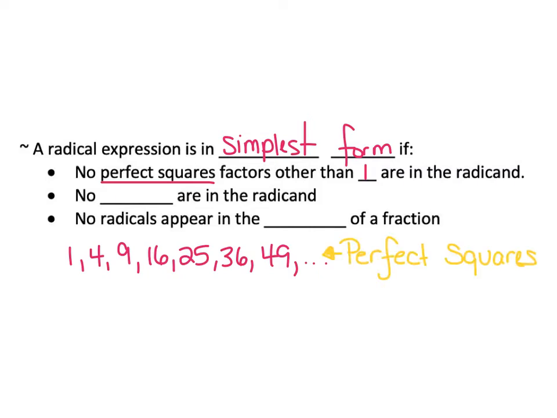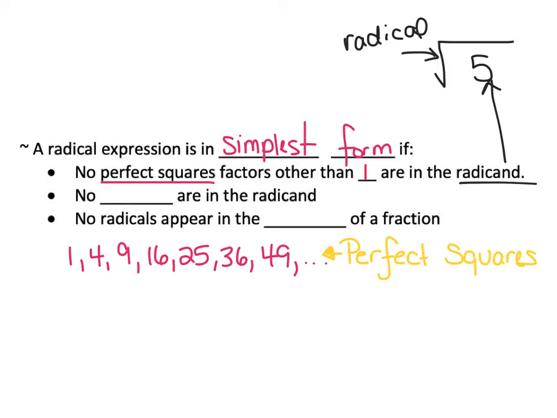Now, what's a radicand? If I have a square root sign, in general, this is known as a radical sign because we don't only have square roots, we have cube roots, etc. The number beneath the radical sign, that's known as your radicand. Okay? So there are also no fractions allowed in a radicand.